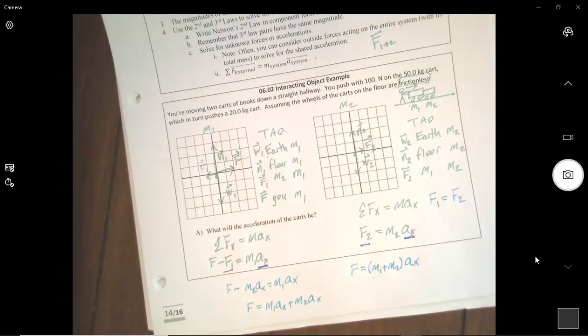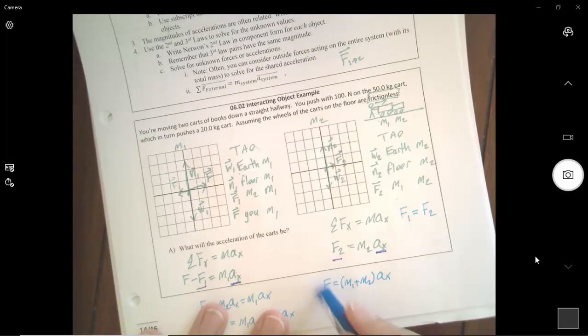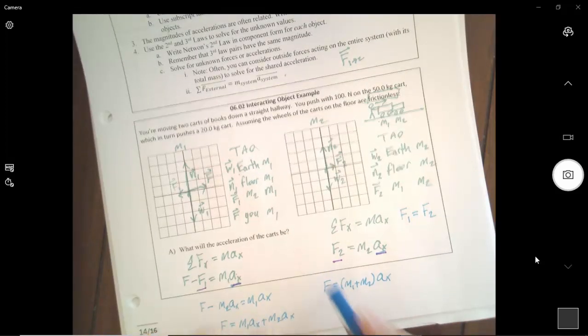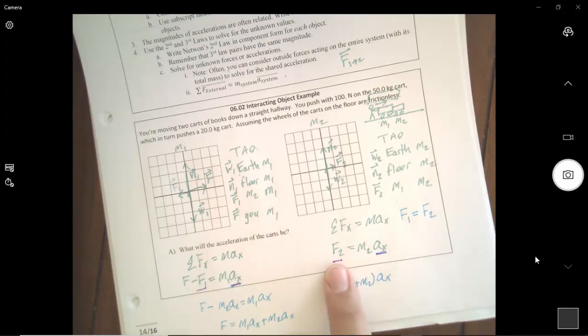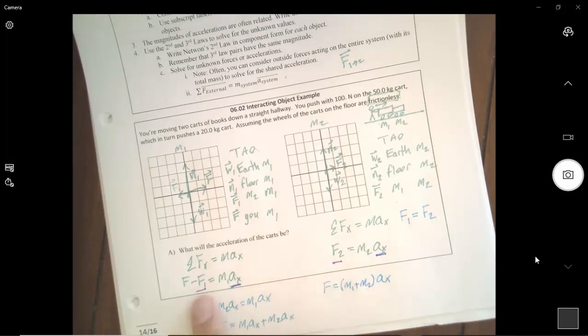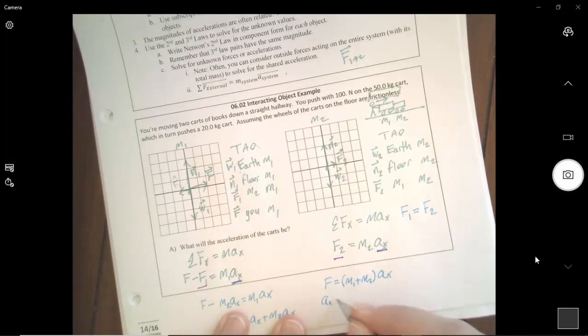This is frequently the case when you don't have any complicated factors. You just have the outside forces, right? Not the forces that are applying inside the system, like F2 and F1. Just the outside forces is going to equal the total mass times the acceleration. And we're just going to solve for the acceleration here.